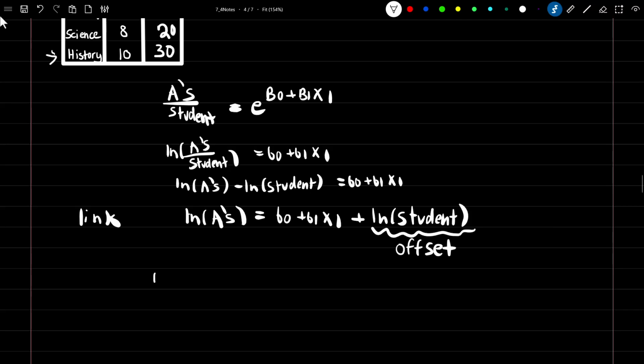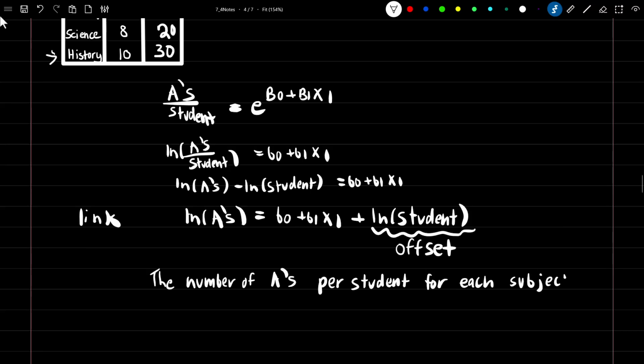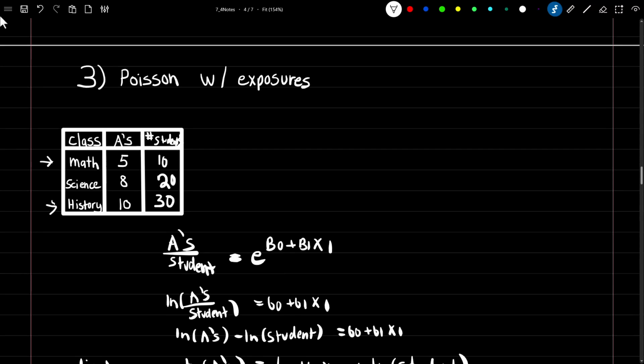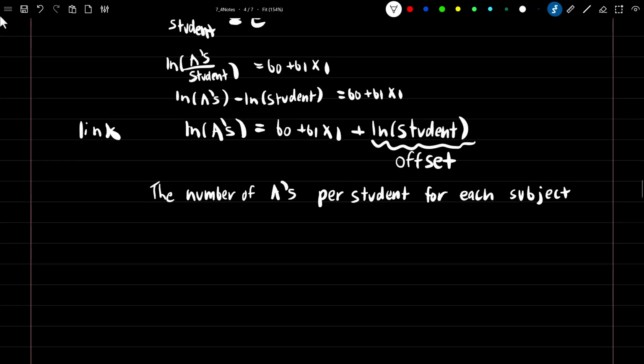Instead, it's going to be the number of A's per student for each subject. So by adding these exposures, ultimately we're changing our dependent variable from a count to a proportion, where it's no longer just number of A's, it's A's per student.